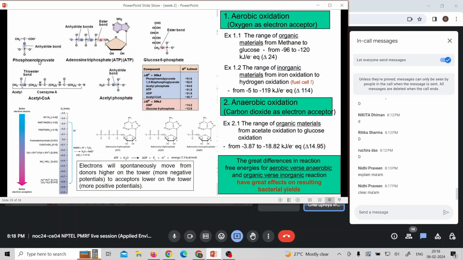You can see phosphoenol pyruvate, acetyl CoA, acetyl phosphate. Apart from ATP and glucose 6 phosphate, all these are also energy rich compounds, but they're mostly not energy storage compounds. Glycogen and such are energy storage compounds where you store, and when you are in need of energy, the cell is going to use them.